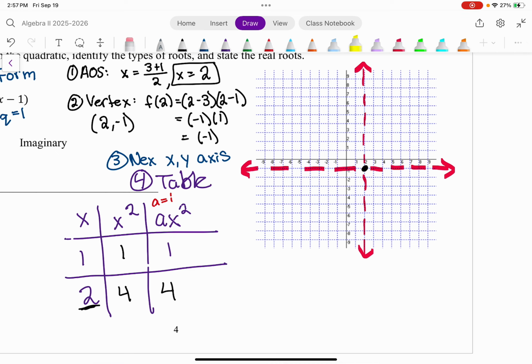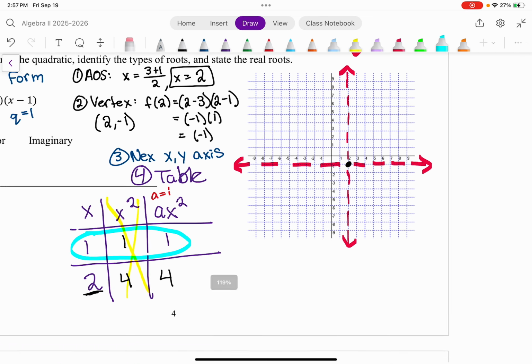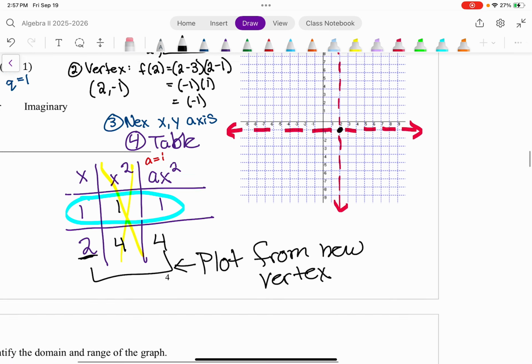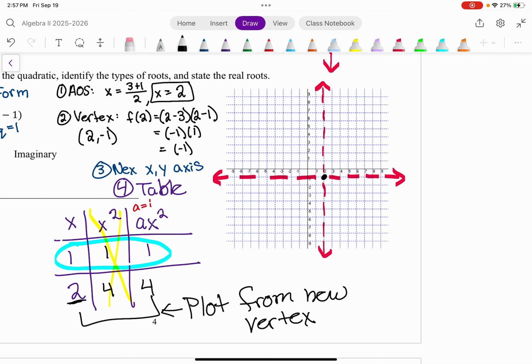And when you are graphing, you only need 2 values, so we don't need this middle column. We are just going to use the ones on the outside. So our first point from our new vertex, so again, remember you are plotting from your new vertex. The first one is 1, 1, so we're going to go right 1, up 1 from our new vertex. Then our second point is at 2, 4.